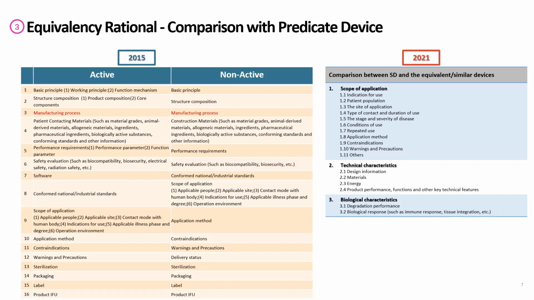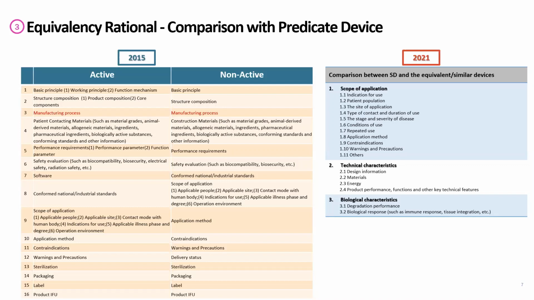I also saw that in EU MDR, maybe you need to compare these 3 parts, but some items might be included in different aspects. For example, in the scope of application, the China guidance included 11 items, hence we need to compare these 11 items.